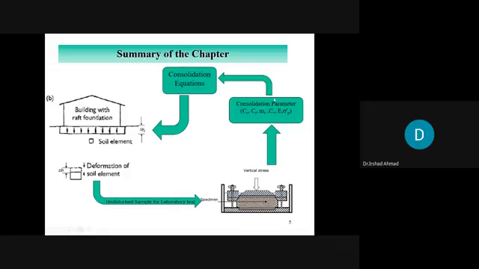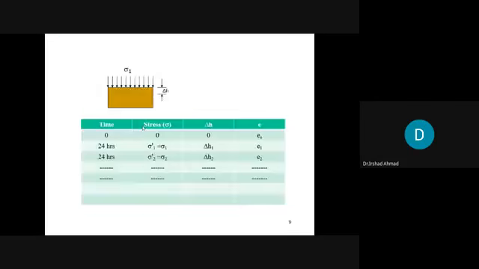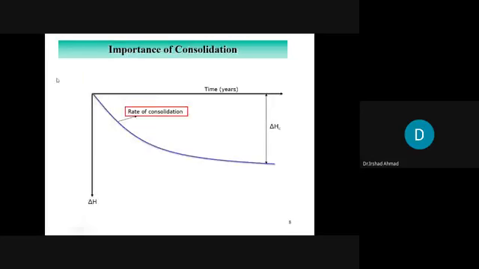These parameters you then use in the consolidation equations. There are a couple of them, right? And this would give you delta HC. But these equations not only give you delta HC, but also the time when this delta HC would occur. So in effect, we would get a curve like this.